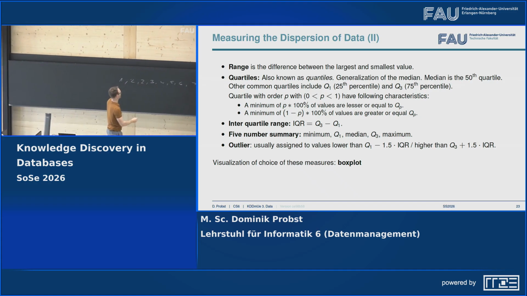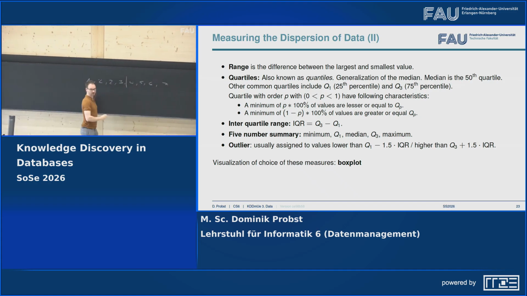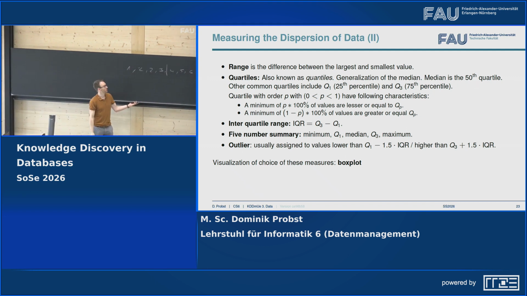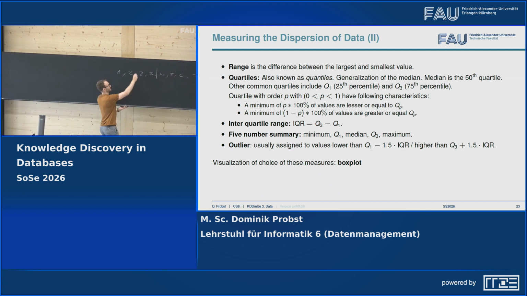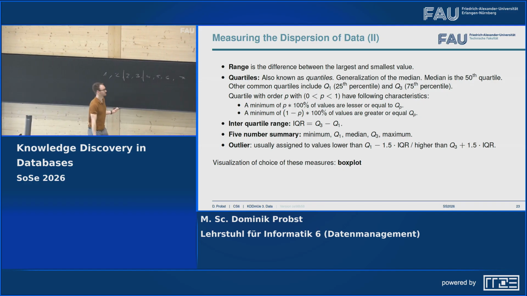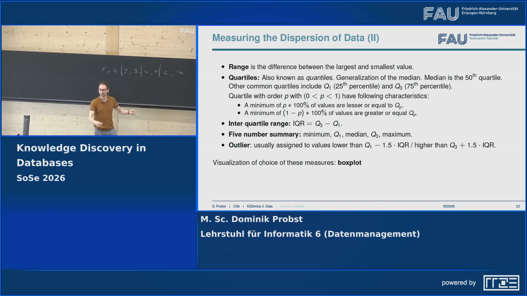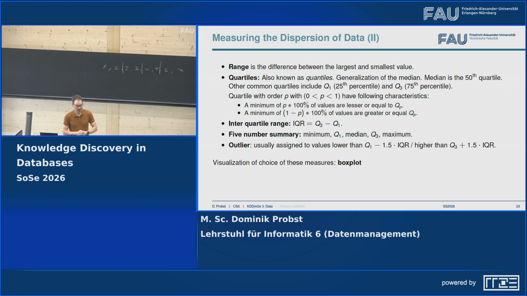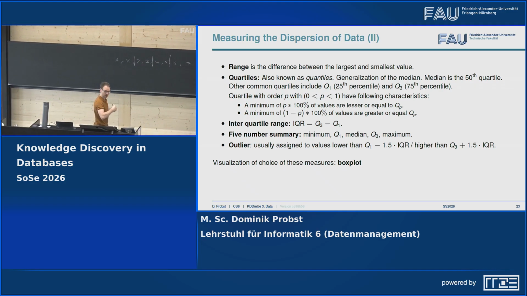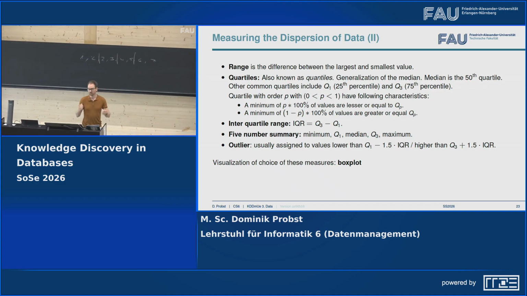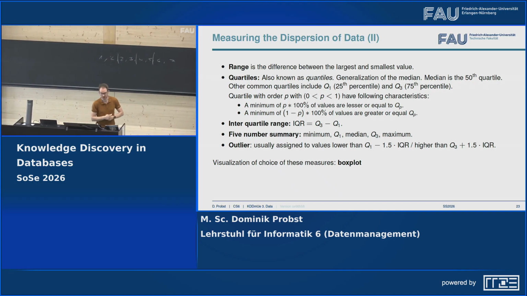Only talking about the median, we split our values in the middle, but we can also talk about the first quartile and the third quartile. So we split it even more. The 25th percentile and the 75th percentile are the first and the third quartile.